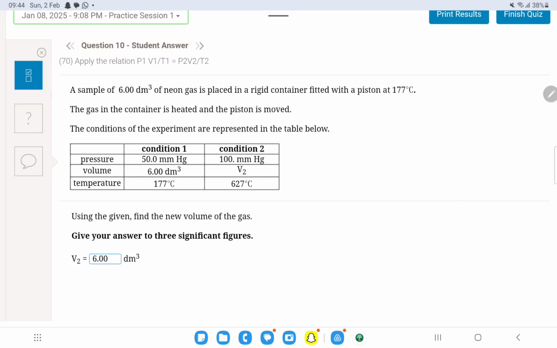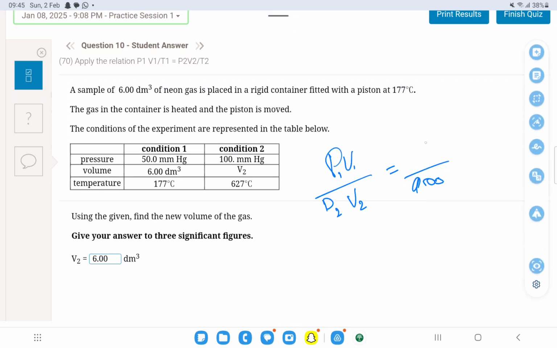A sample of 6 decimeter cubed of neon gas is placed in a rigid container fitted with a piston at 177 degrees Celsius. So here they changed the pressure and the temperature. N and R still cancel each other. For P1V1 over P2V2 equals T1 over T2. T1 is 177 plus 273, 450, and 627 plus 273 equals 900.